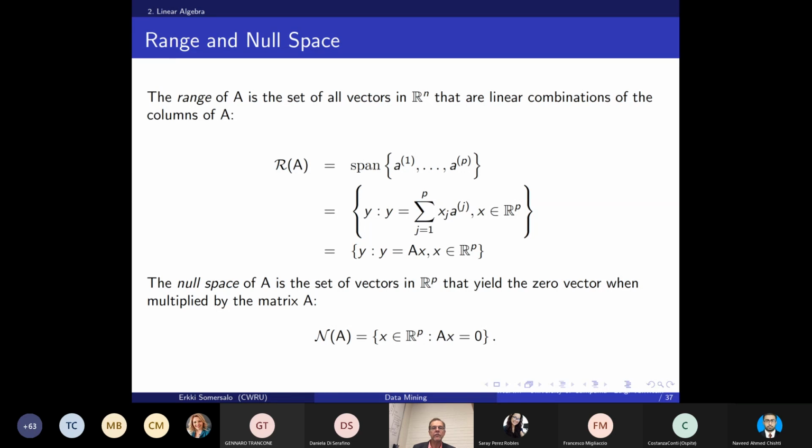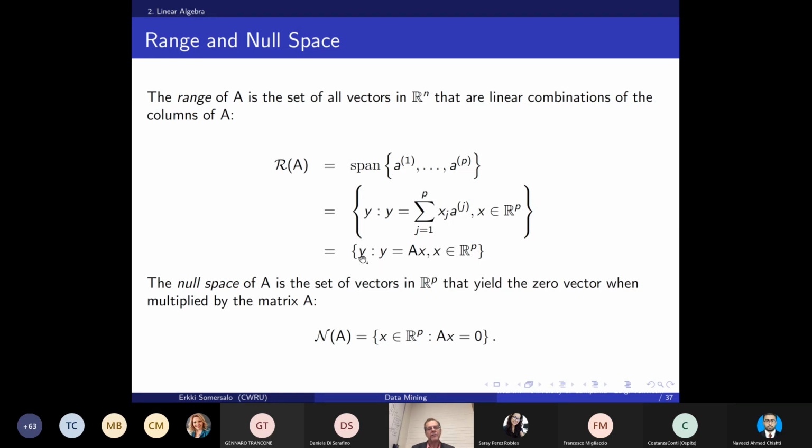So if I take the columns of my matrix A, then the span by definition is the set of vectors which are linear combinations of those columns. And now we should remember what a matrix-vector product was. It was just a linear combination of the columns of A. So another way of saying this is that the range of A is the set of all vectors y which can be represented as Ax, where x is some vector in R^p.